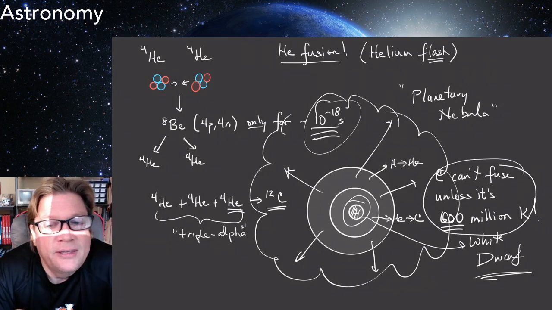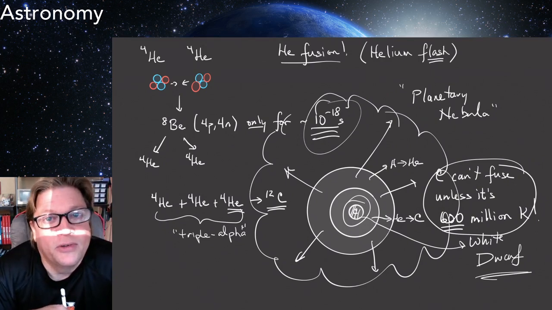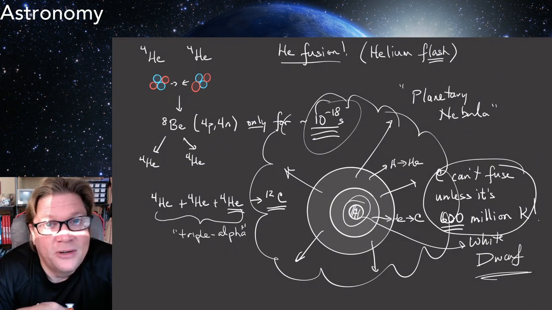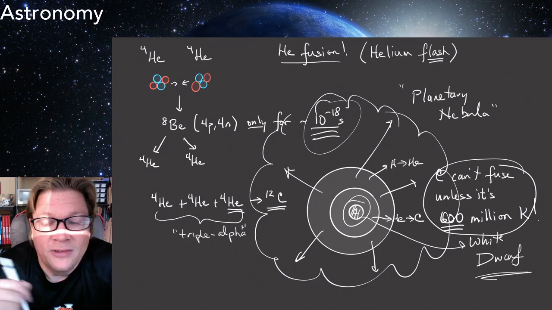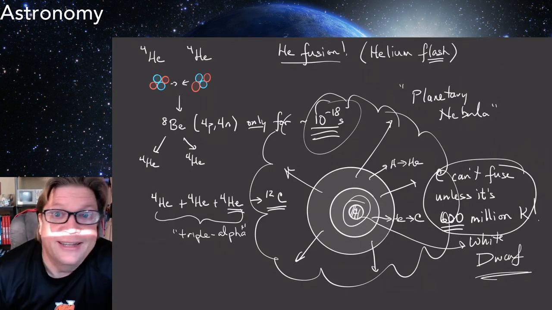So the sun will never be able to fuse that carbon. It's just left over, and we see it as a white dwarf. Massive stars can drive the temperature up over 600 million degrees, and massive stars can fuse carbon. And then a whole other series of events start cascading downhill, and it becomes very exciting. That's next.